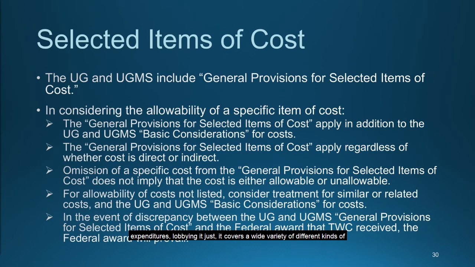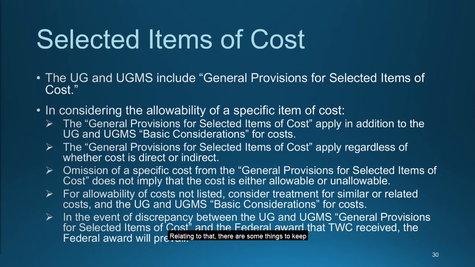It covers a wide variety of costs, and it specifically talks about whether they're allowable or not allowable, or if they require prior approval, or if there are limitations that apply to them under the UG and UGMs. So that's what we're talking about when we're talking about selected items of cost.